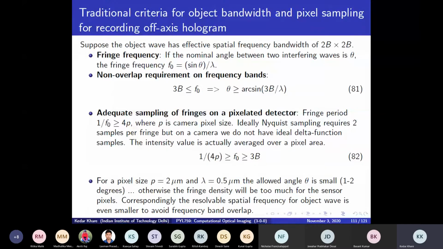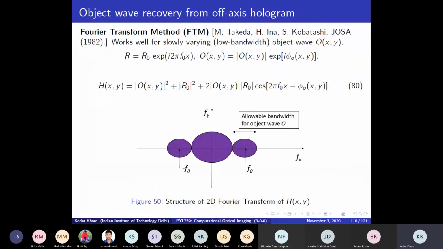So what is happening is the Nyquist frequency for fringes is decided by this whole interval. In one shot, when you record this hologram, the available bandwidth for your object wave is much smaller than this whole bandwidth. If you are thinking about sampling the fringes at Nyquist rate, you have to worry about this whole interval.